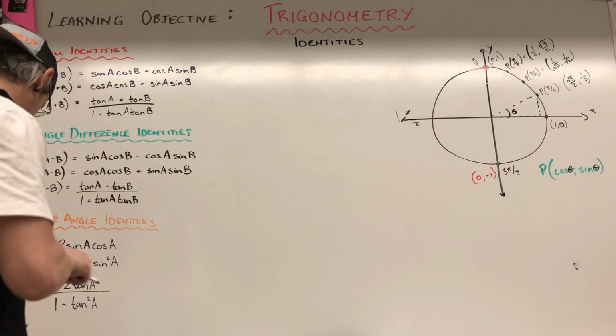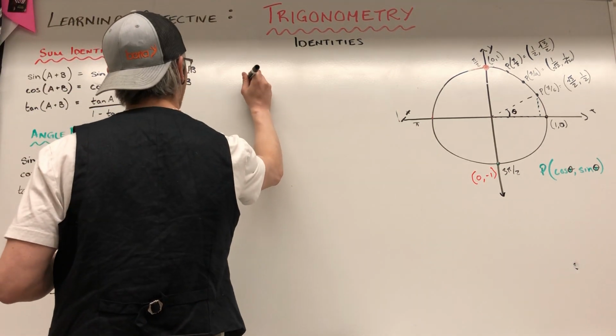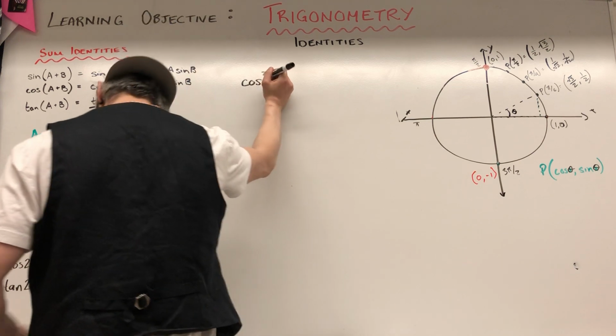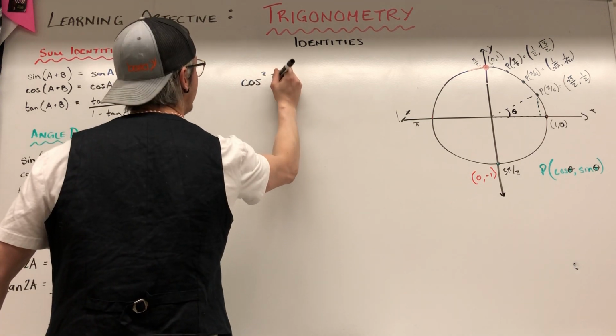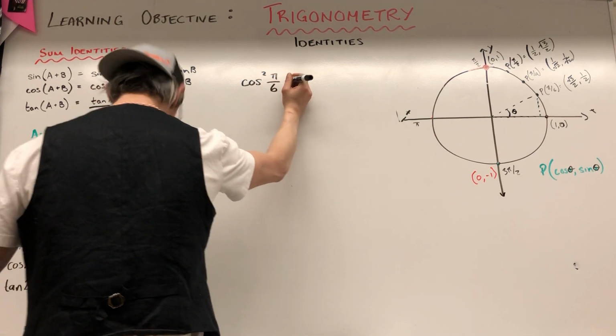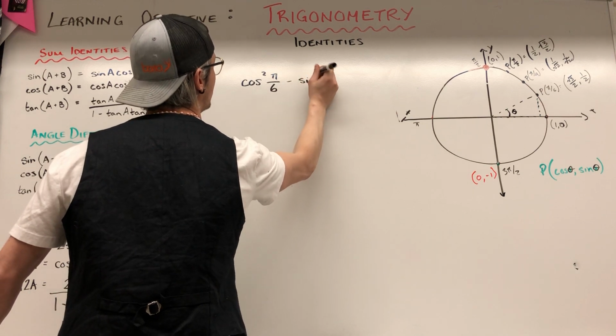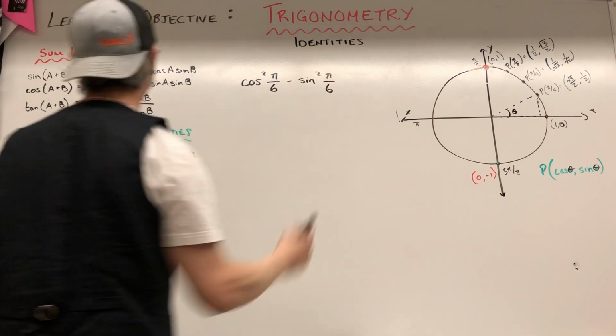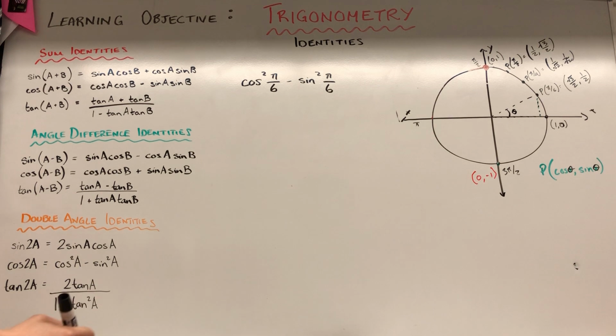Here we go. We've got 2 cos squared of pi over 6 minus sine squared of pi over 6. Let's look for something that has cos squared and sine squared: cos squared A minus sine squared A. Boom.